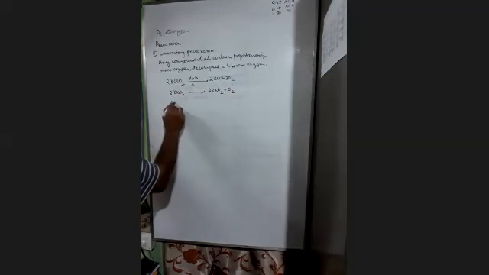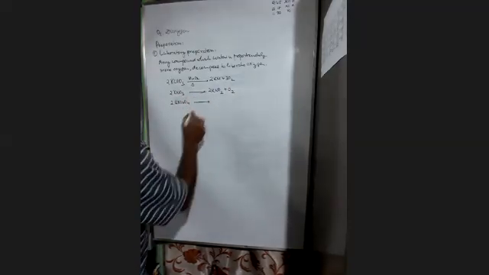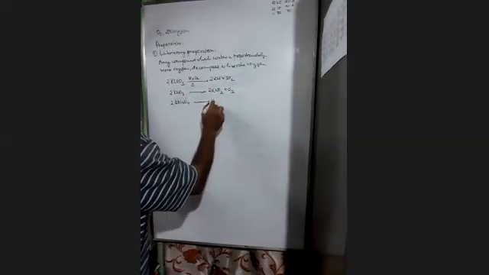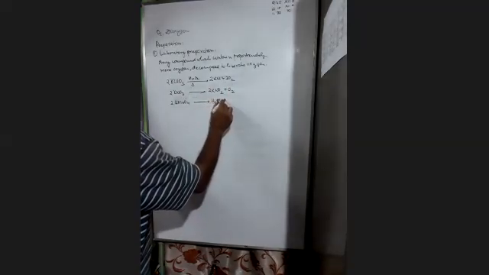If you heat potassium permanganate, see 1:1:4, you will get K2MnO4. Okay, I'll write down the name here. Potassium permanganate. This is violet in color, deep violet.